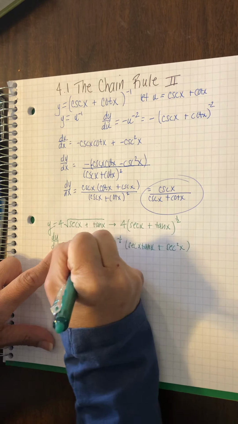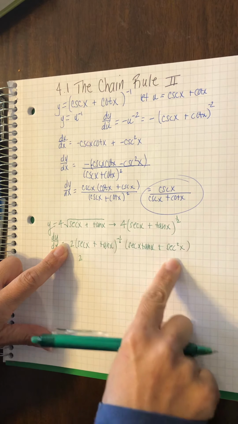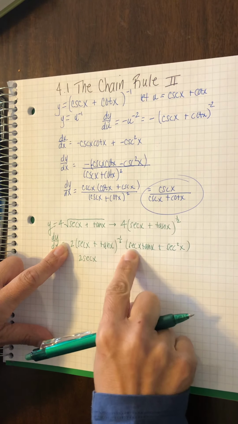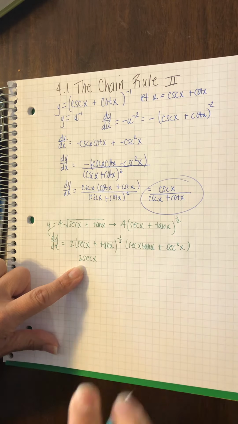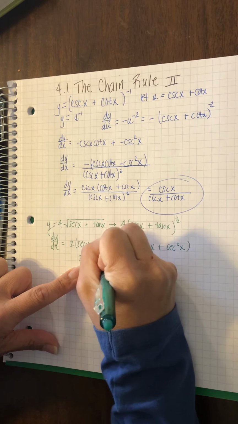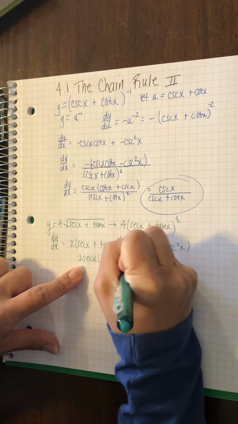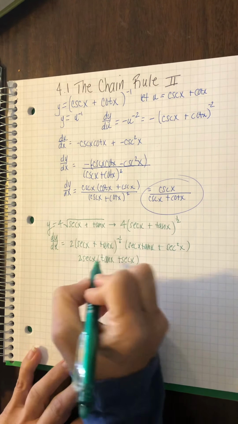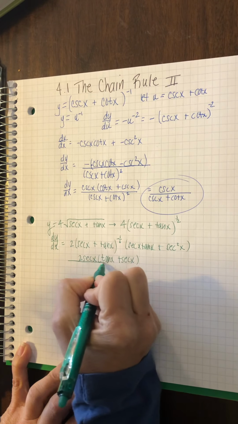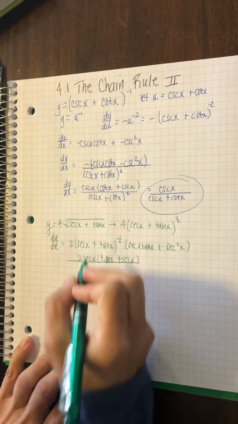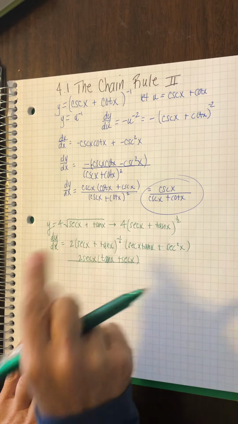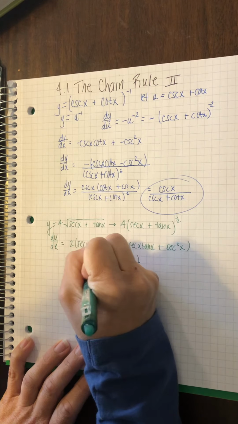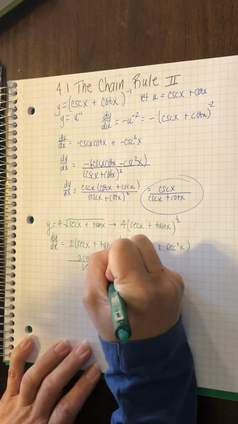So this becomes 2 secant tangent plus secant, and I'm going to do two things at once here. I'm going to rewrite this as a fraction, and I'm going to factor out a secant. So 2, take out a secant, and you're left with tangent plus secant, all over secant plus tangent to the positive 1/2. I'm not going to use a square root sign.